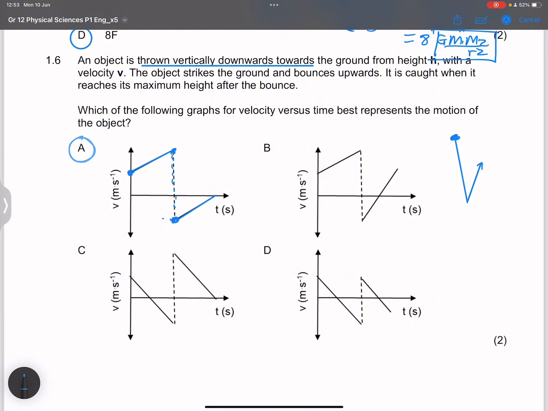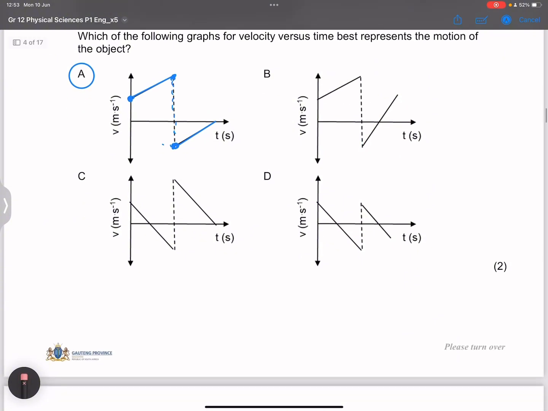Now, if I look at B, can you see those gradients are not the same? Remember that the gradient should be the same because it represents gravitational acceleration, so for those two graphs, we should have the same acceleration. Now, why can it not be C? Because C seems to suggest that our velocity was going up until the object stops, and then it changes direction.